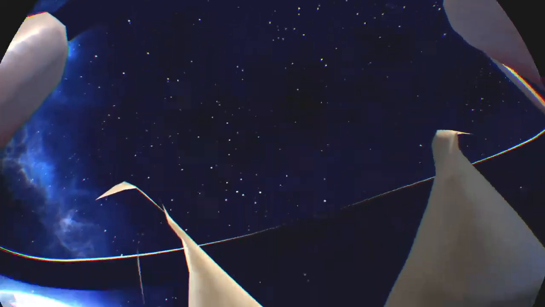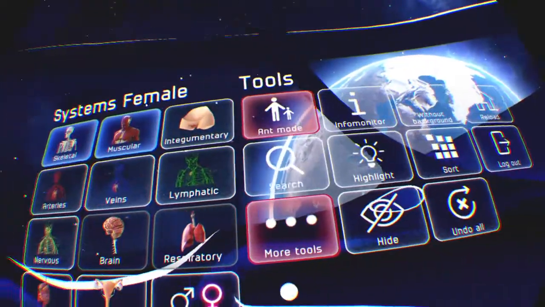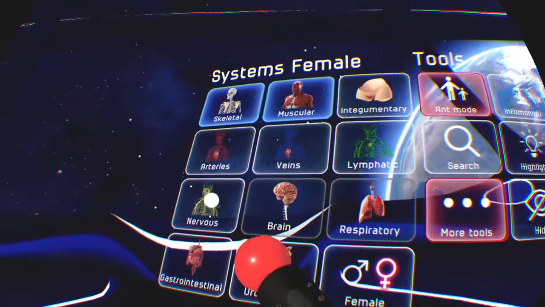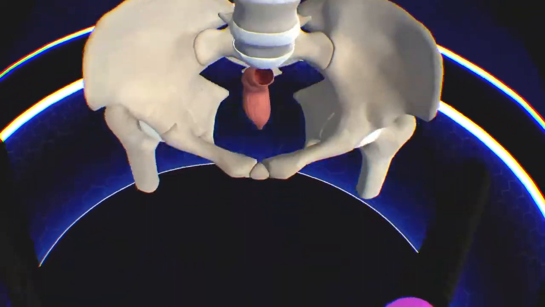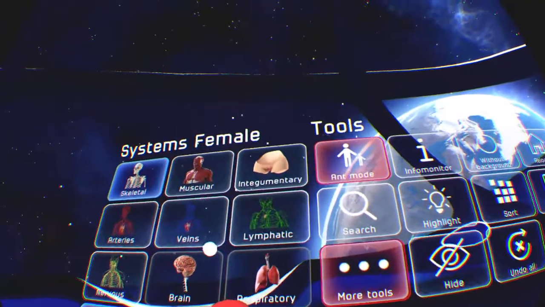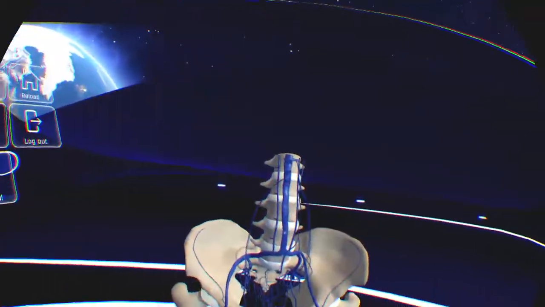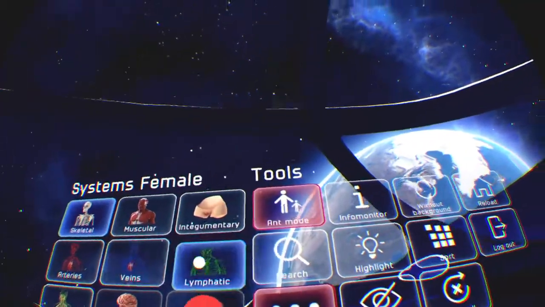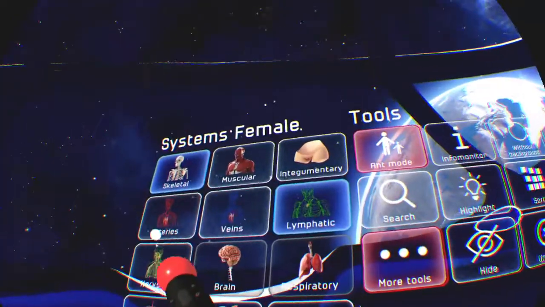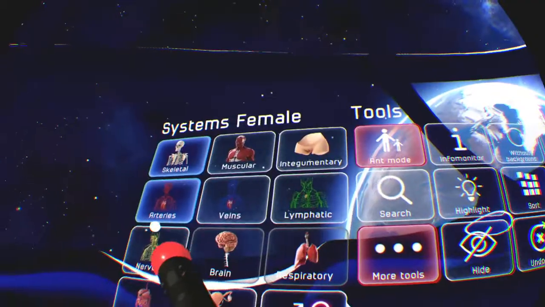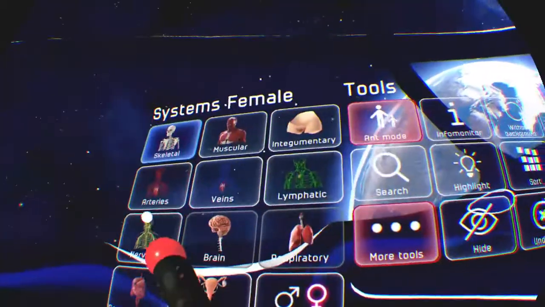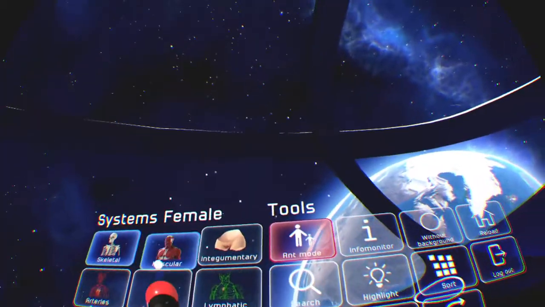She doesn't have organs. Oh wait, yes she does. Have a nervous system. Blood. Nervous system.